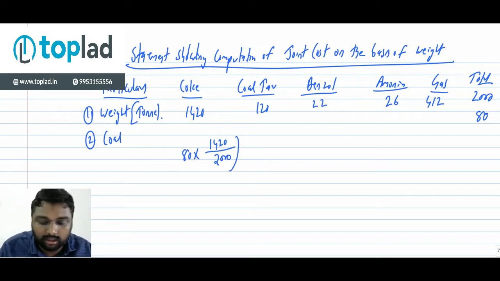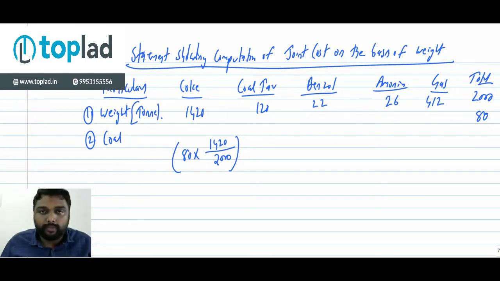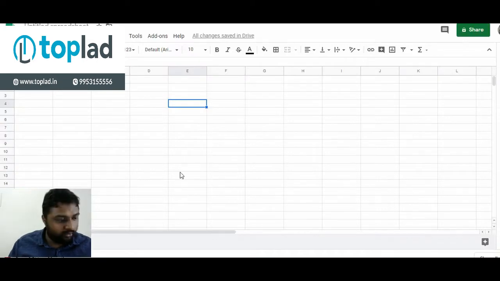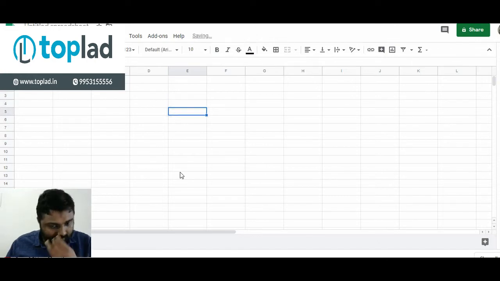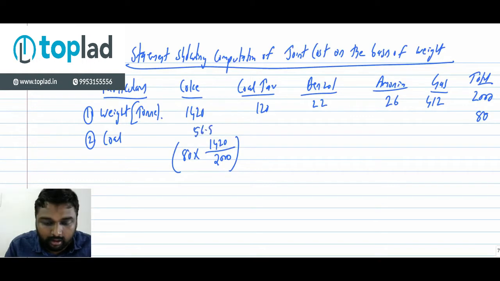So the calculation is 80 into 1420 divided by 2000. What will be the answer? 56.8. Like that we have to find out each item.